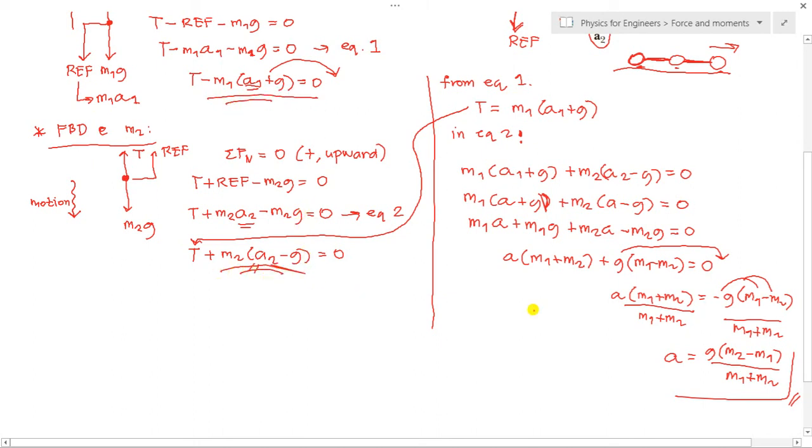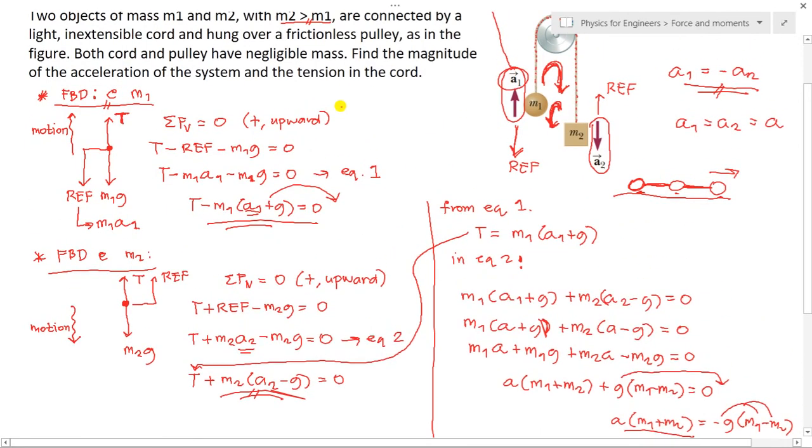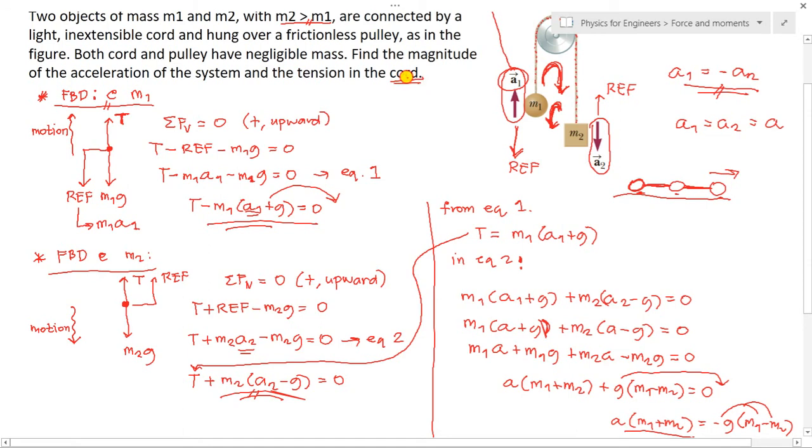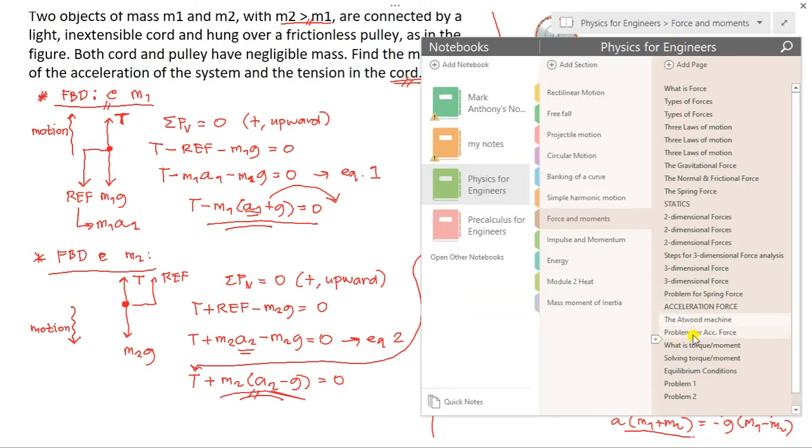You just plug in the value of acceleration here. Since acceleration 2 and acceleration 1 are both the same, equal to the acceleration a that we already solved, you plug it in and you get the tension in the cord or rope. So let's proceed.